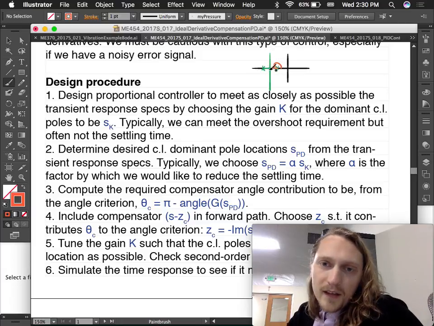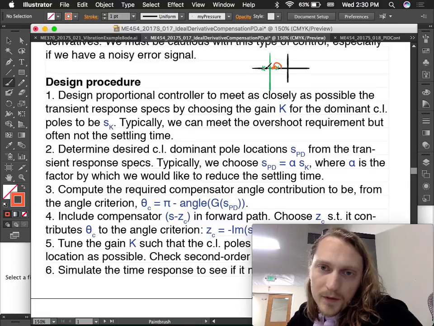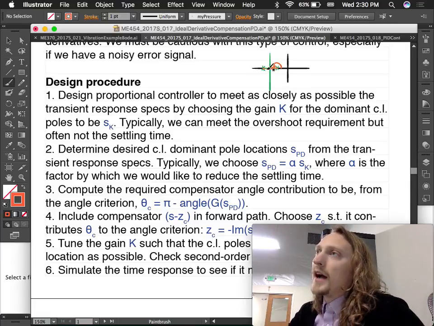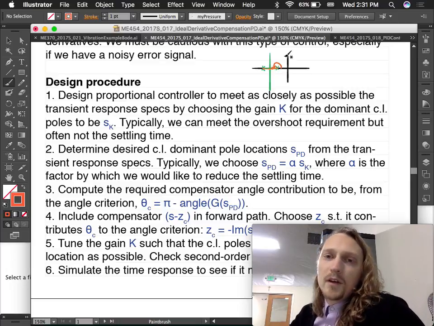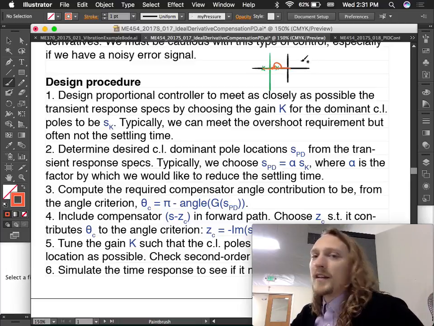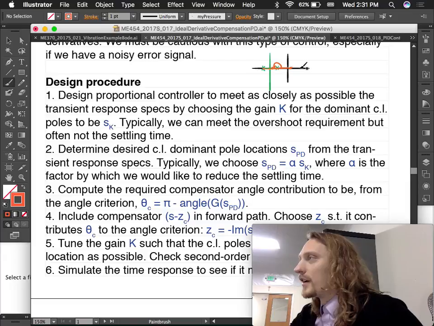And the angle of this point, if you drew a line directly to that point, is 0. You add those up, and if they're equal to 180, which in this case they are, you're on the root locus. If you're over here and you did the same thing, the two angles would be 0, right? And they would not add up to 180, so you would know there's not locus here.